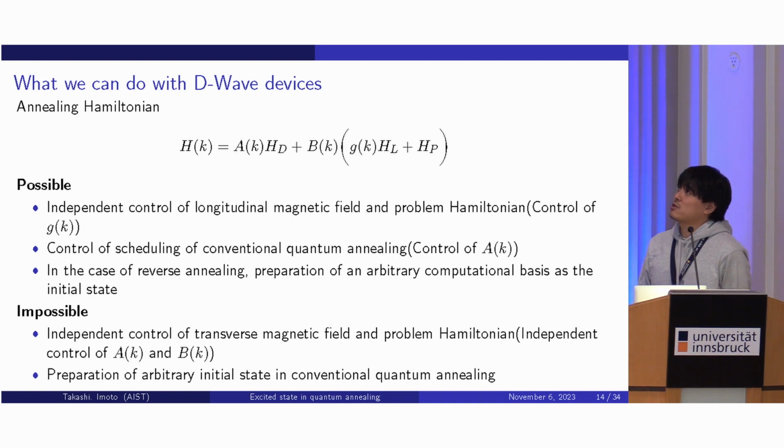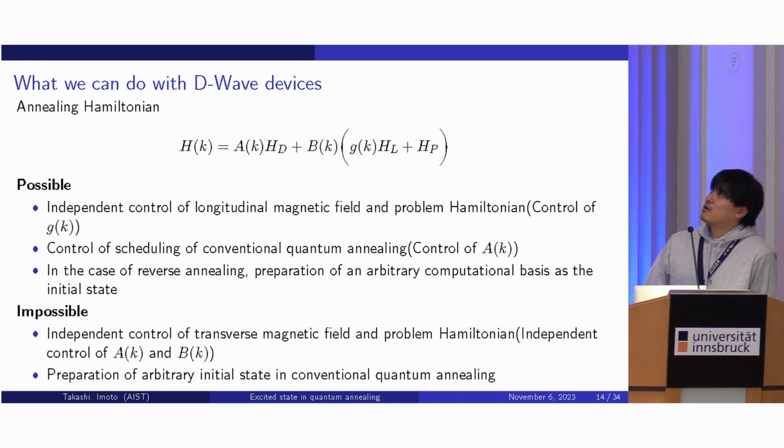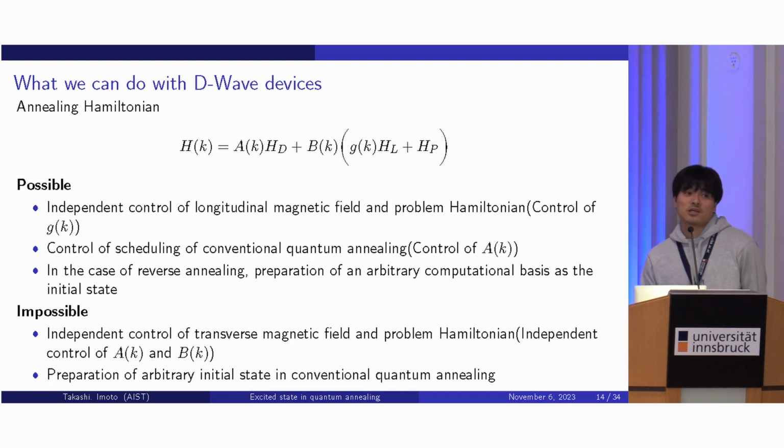In other words, we can control this term, G_k, and so we can implement control of the scheduling of the conventional annealing Hamiltonian, here, this one. Finally, in the case of reverse annealing, we can prepare an arbitrary computational basis state as the initial state.